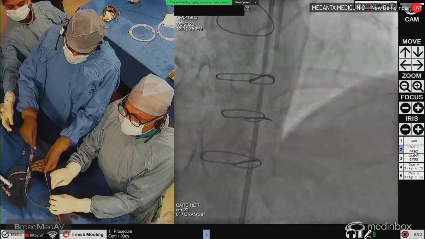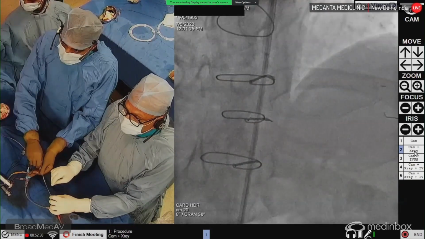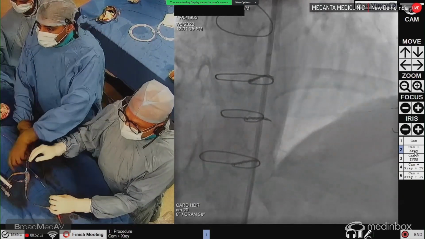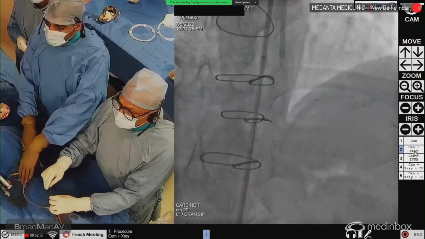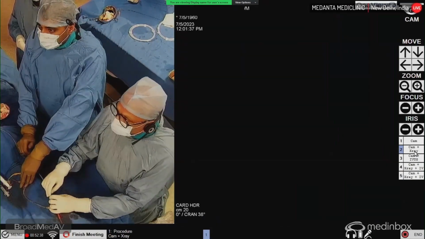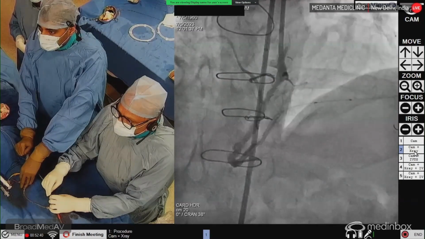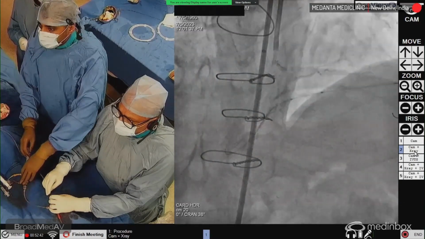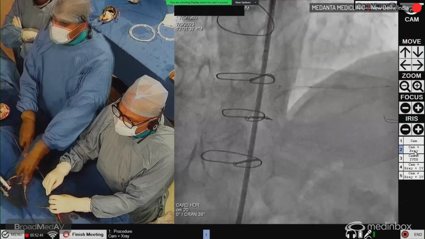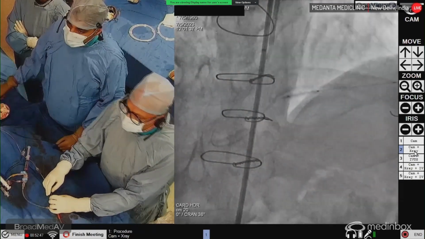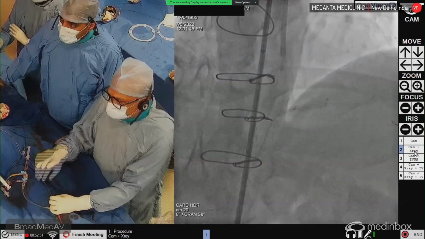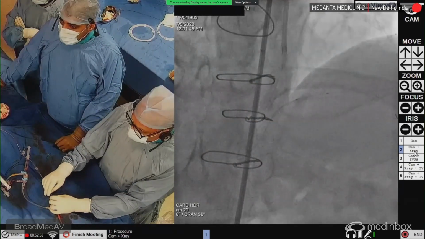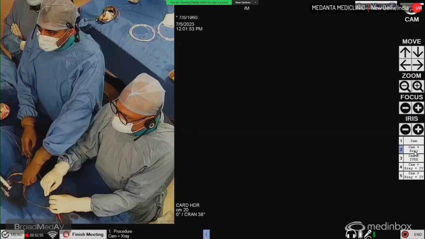Now I will move the guide extension back into the guiding catheter, because we have pulled. Where's the balloon gone? Balloon is gone inside. Okay. Check, please. Okay. Go up. 2, 4, 6, 8, 10, 12, 14, 16, deflate. So I can take a shoot now to assess the length of this lesion.